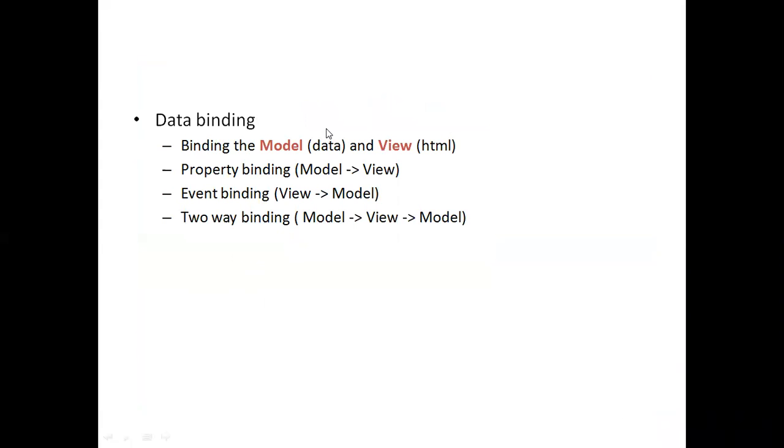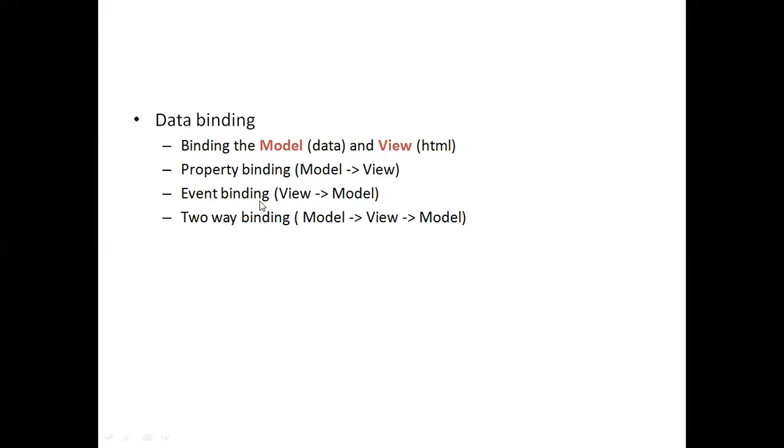In data binding, we have property binding, which allows the changes happening inside the model to be notified to the view section. That is called property binding. And event binding allows the changes happening inside the view to be notified to the model.